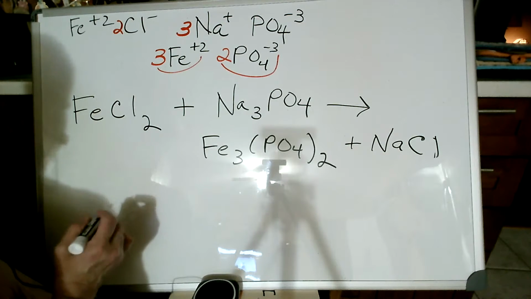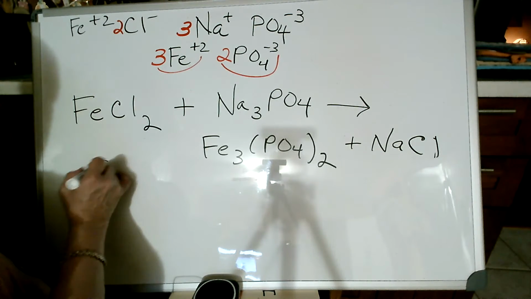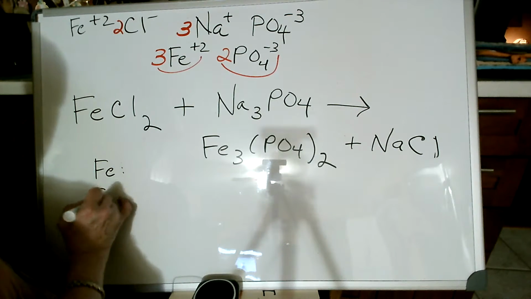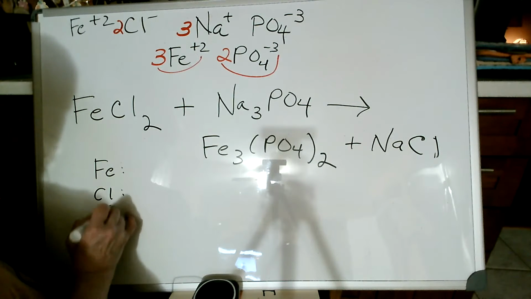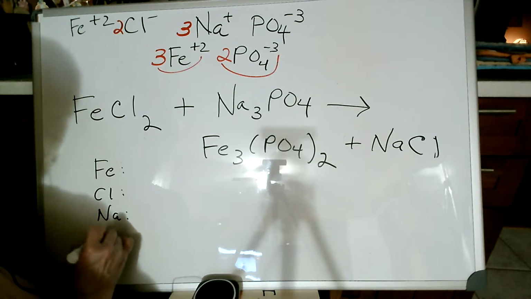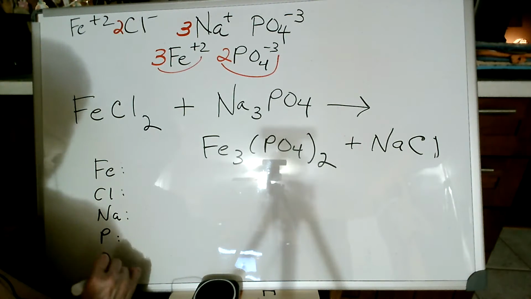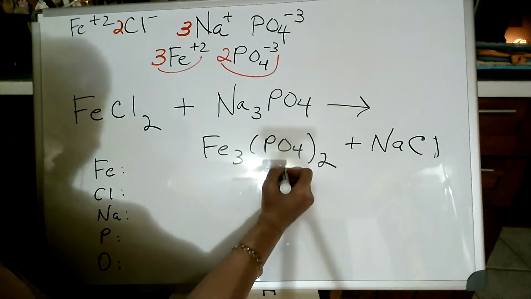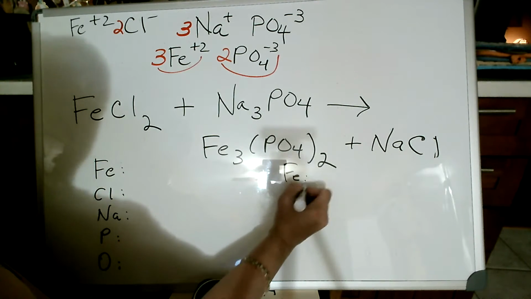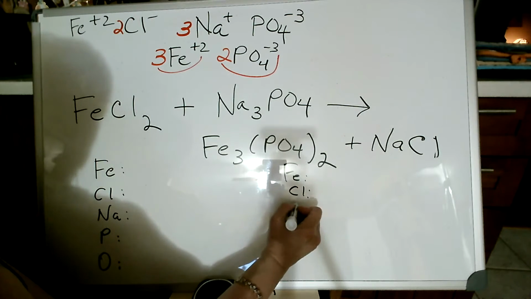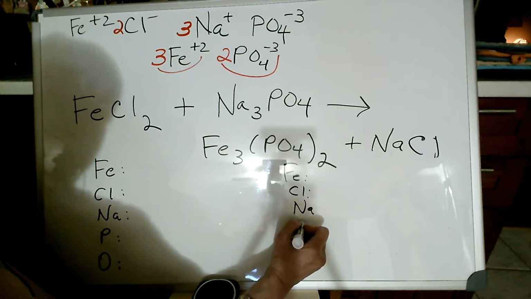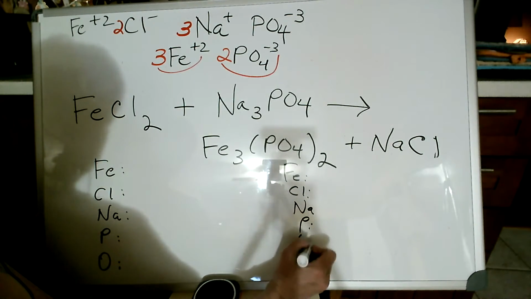There we go. All right, so now we're going to continue with balancing the equation just like we have been doing with the other 2 examples. So we have iron, chlorine, sodium, phosphorus, oxygen. And on the other side, same thing. You should definitely try these on your own to see how you do.